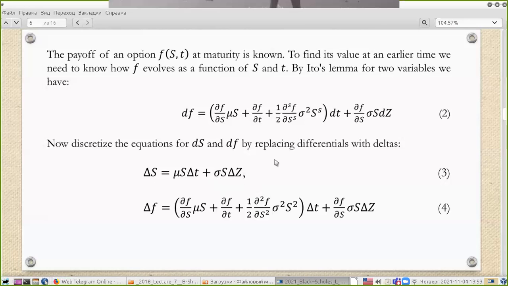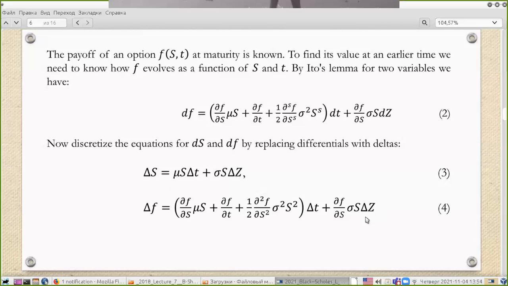Yes, express delta z from 3 and substitute in 4, and it will be without delta z.